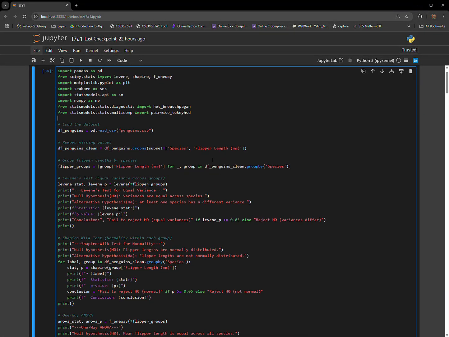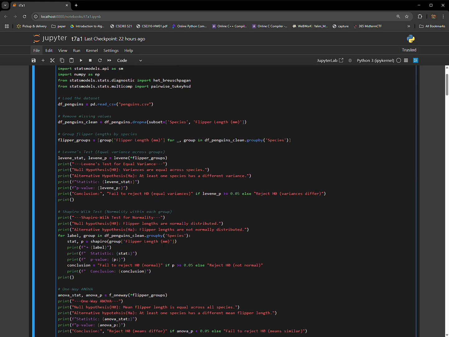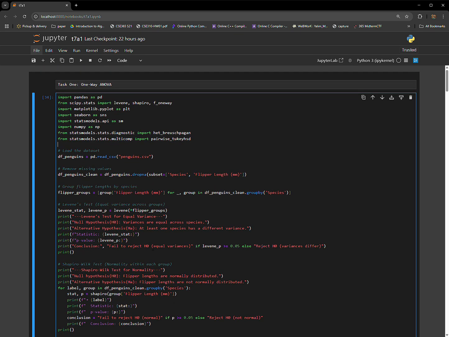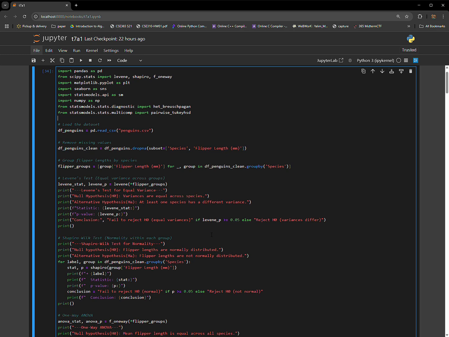First, I also wanted to do a Levene's test and a Shapiro-Wilk test because there are some assumptions with using these types of tests, the one-way ANOVA and the linear regression model. We do require equal variance across the groups.